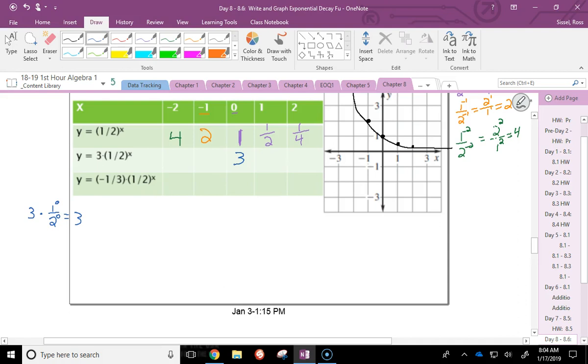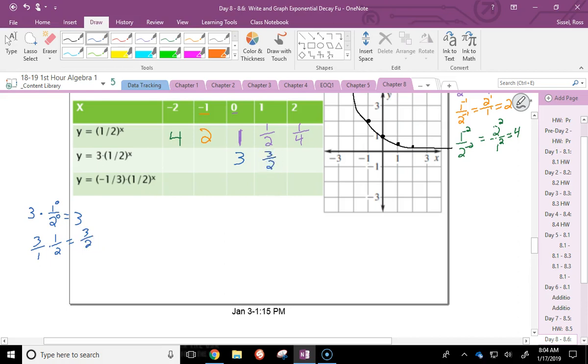So if I'm doing this equation and I'm doing 1/2 to the first power, 1/2 to the first power is 1/2. We've already solved that. So now I just have to times it by 3. So what is 3 times 1/2? 1.5. 3/2. It's 1.5.